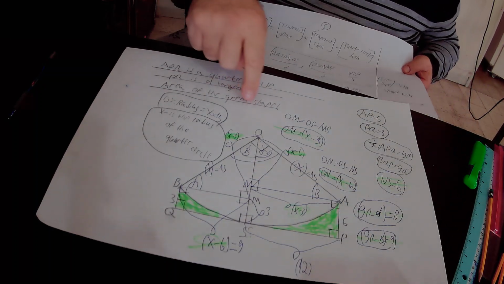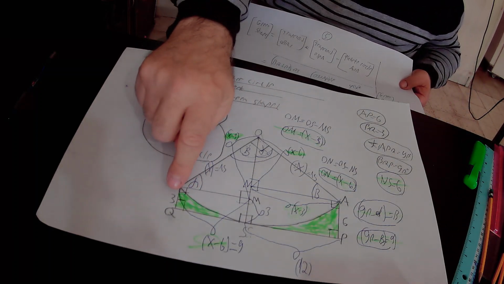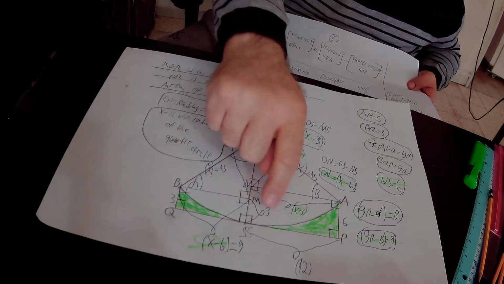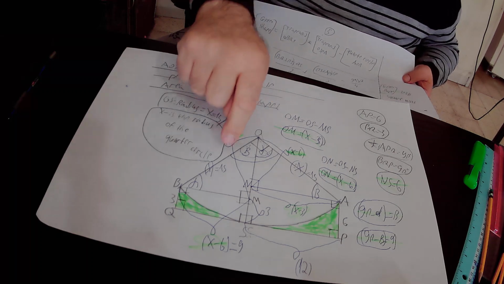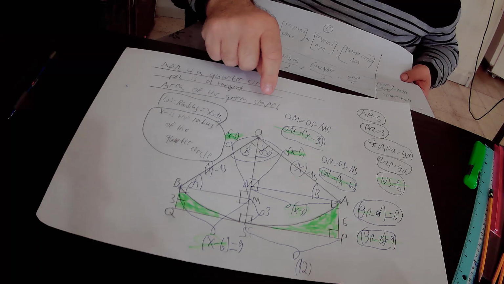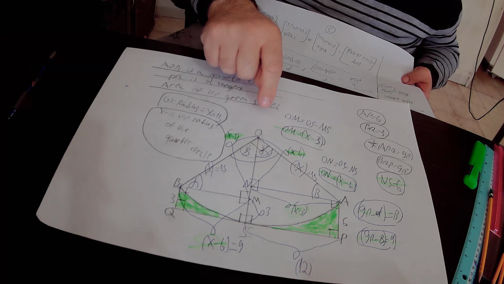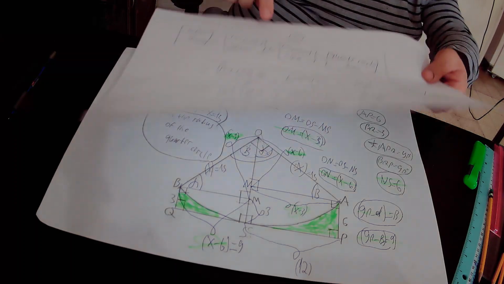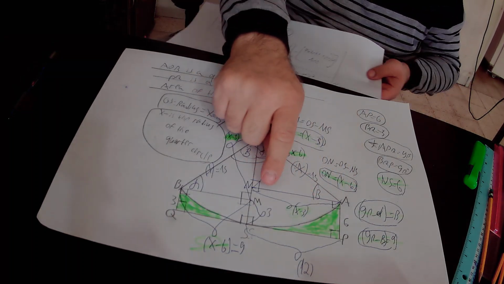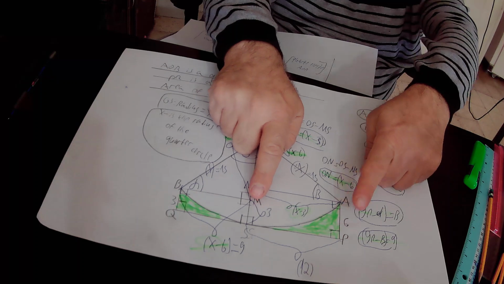So we found out that the area of this trapezoid OBQS is equal to 81 square units, plus the area of this trapezoid OSPA. What is the area of this trapezoid OSPA? It equals the sum of its bases, that is OS plus AP, times the height SP. Why is SP the height? Because it creates 90 degrees with the two bases.